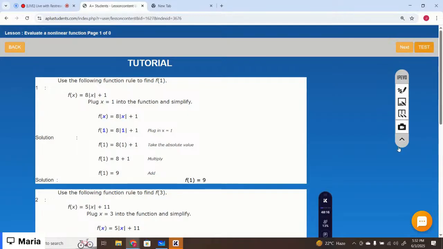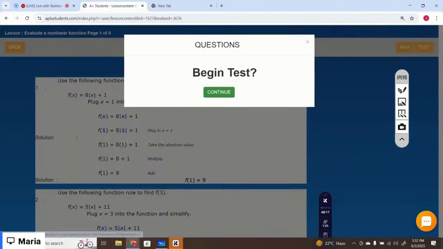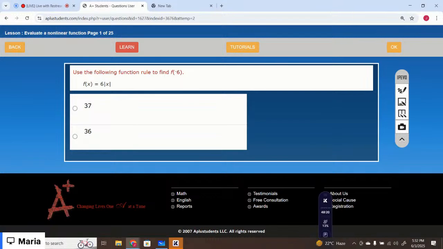Let's just start with the first question. Use the function rule to find the value of f of negative 6.